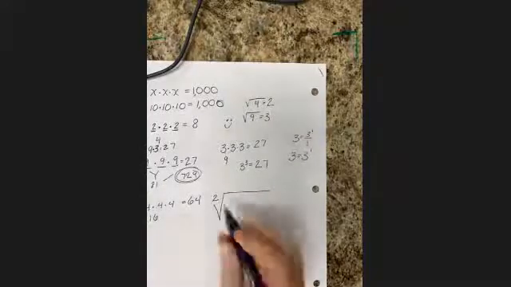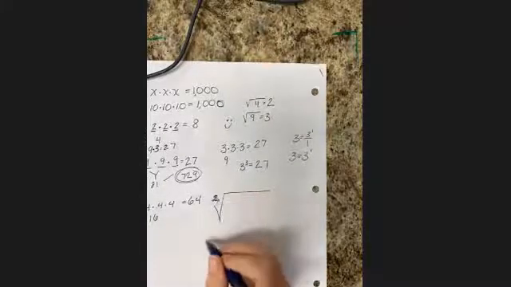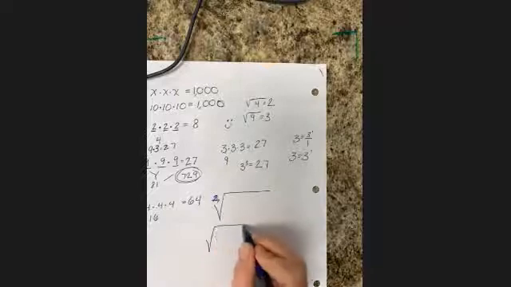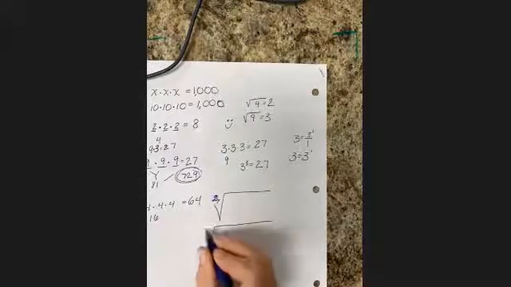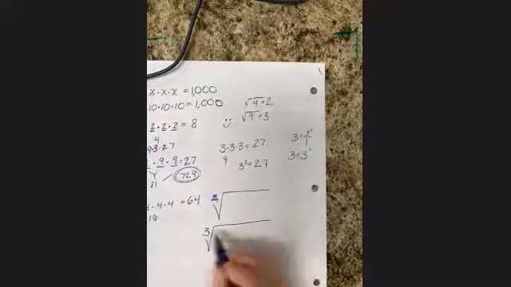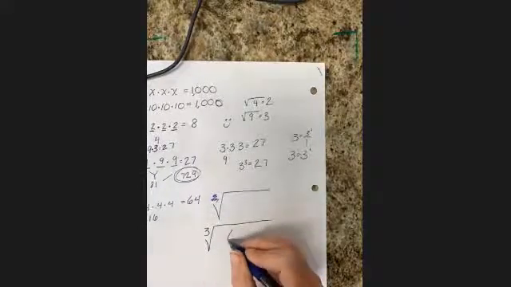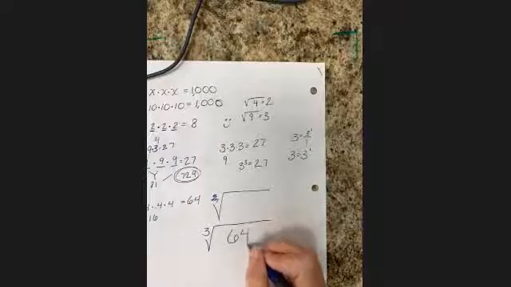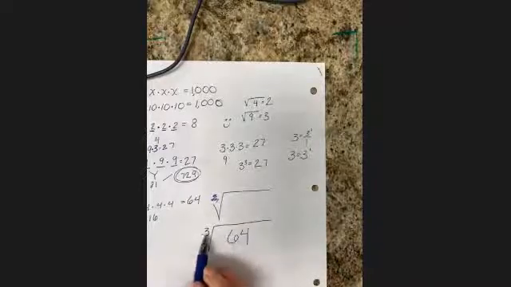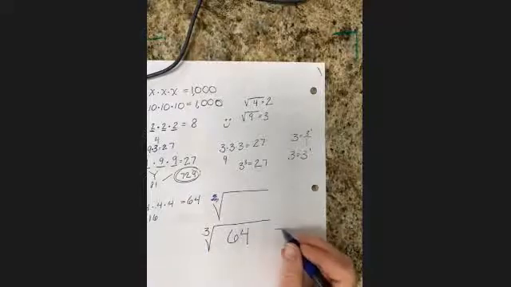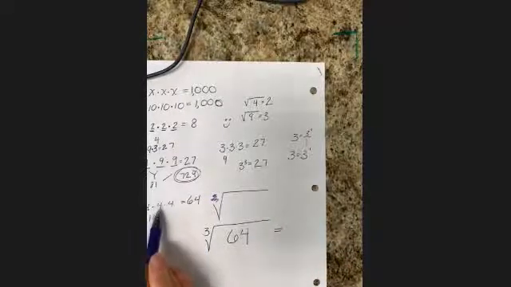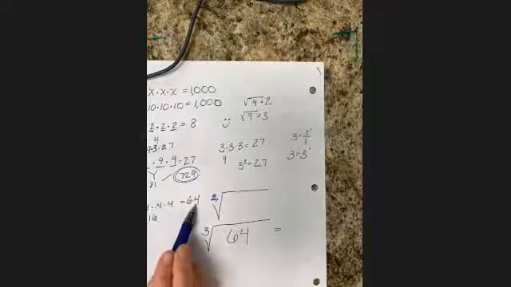root. But when we have a cubed root, we need a number 3 there to tell us that it's a cubed root. So when I have this number, if I put the number 64 under the radical with a cubed root, the cubed root of 64 will be, what did we just discover? 4 times 4 times 4 is 64.